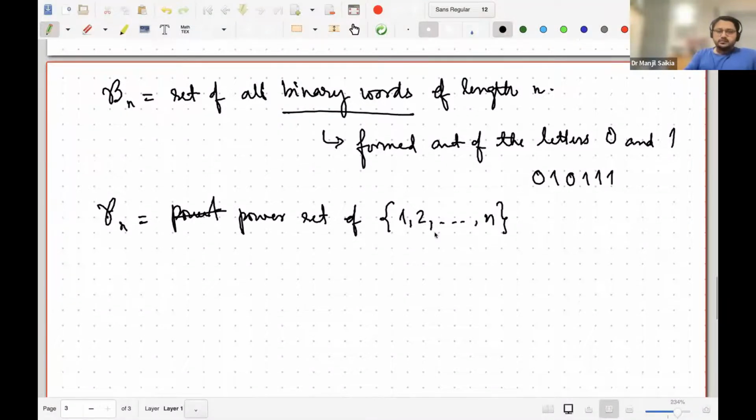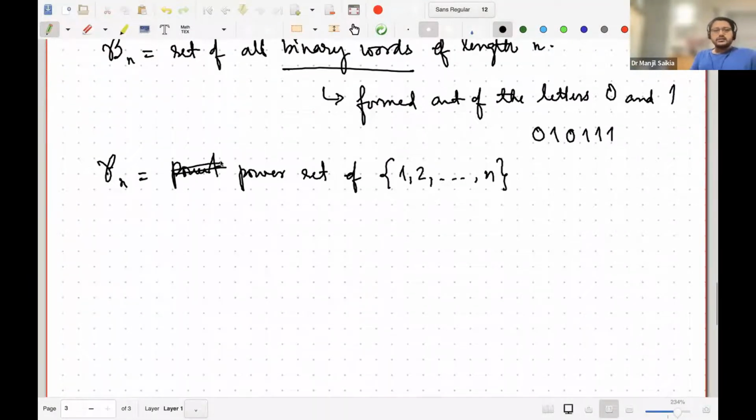Power set, if you don't know, is basically a set of sets where the elements in this set are all the subsets that you can form from the original set, including the empty set as well as the whole set itself. Okay, so for example, P of 3 is now going to have 8 elements.